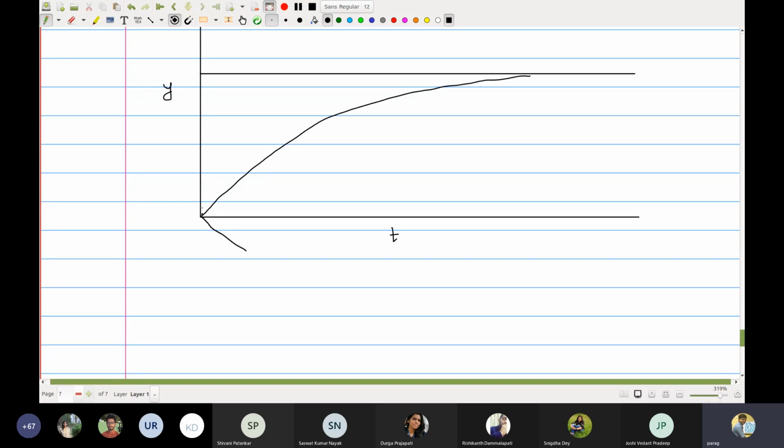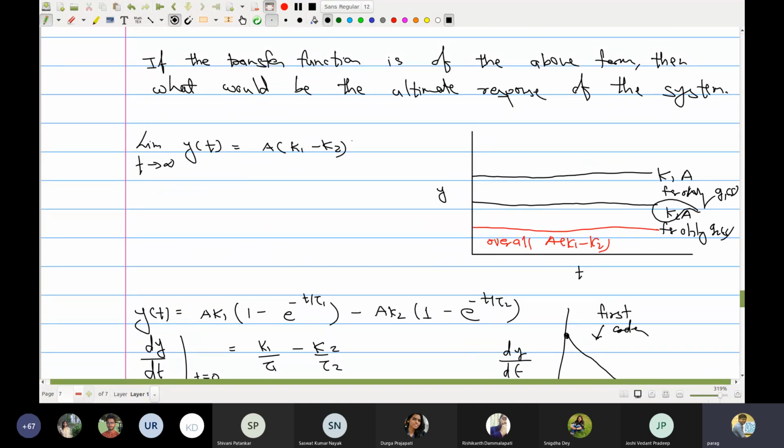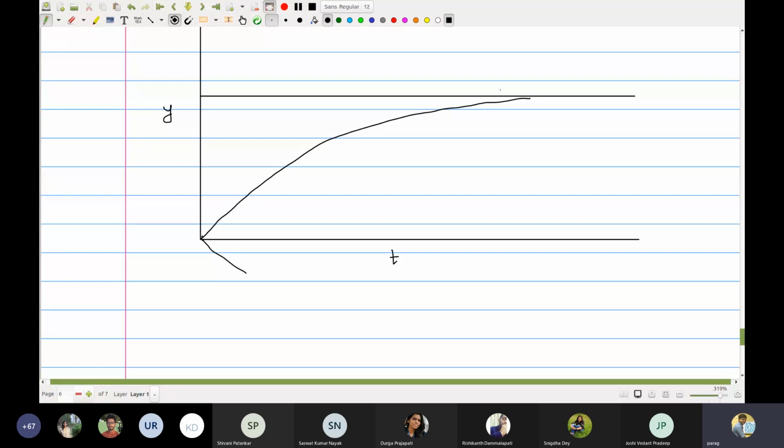Right? Now, where is the ultimate destination that you need to reach? What happens at time t tends to infinity? At time t tends to infinity, well, you know that the value is this much, right? And now this term doesn't have tau, so k1 is greater than k2, so it's a positive value, so you always will end up here. So now the point is that you do not need to worry about the fate of your system as t tends to infinity.